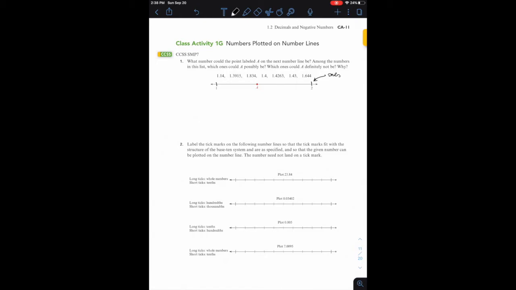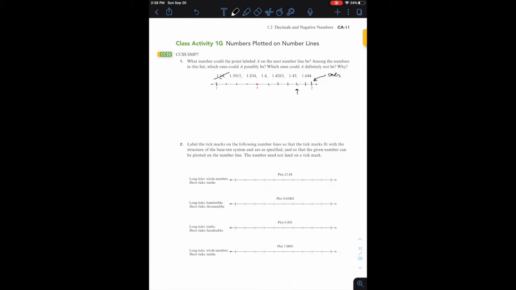We're counting by 1s. So if we were to use the tenths tick marks in there somewhere, is it possible that A is 1 and 1/10? That's not possible. Is it possible that it's going to be 1 and 8/10?